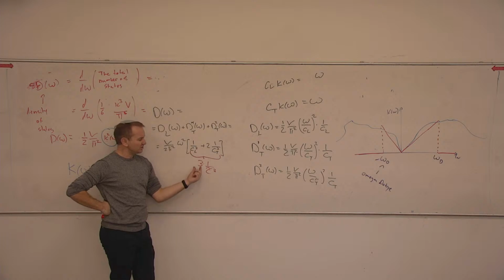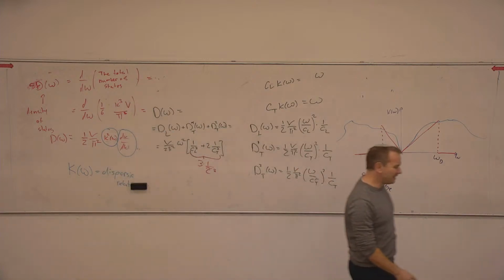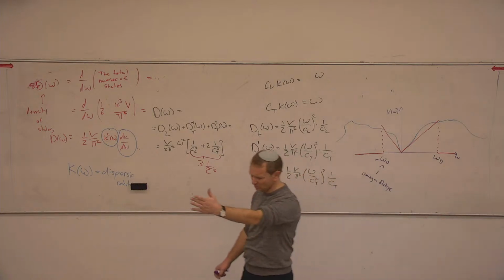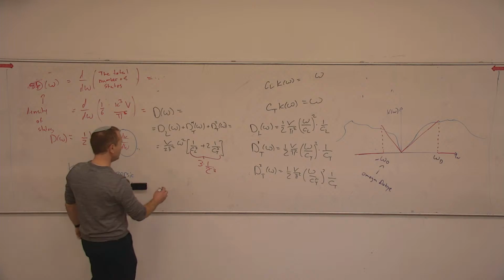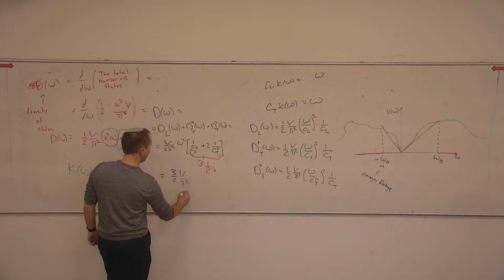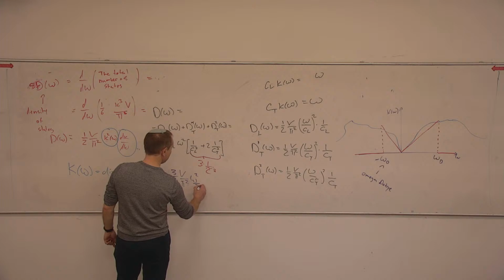Everything here is just 3 multiplied by 1 over some velocity to the third. Basically, I'm saying let's consider the case where all the velocities, propagation, longitudinal, transversal, don't really matter. So in total I have 3 halves V divided by pi squared, omega squared divided by C tilde to the third.